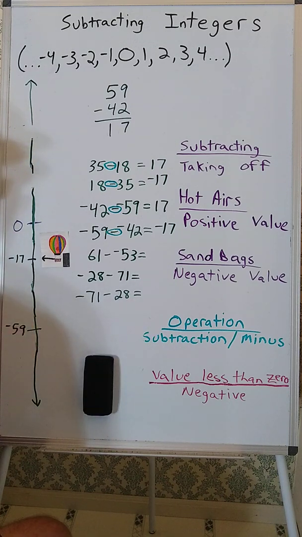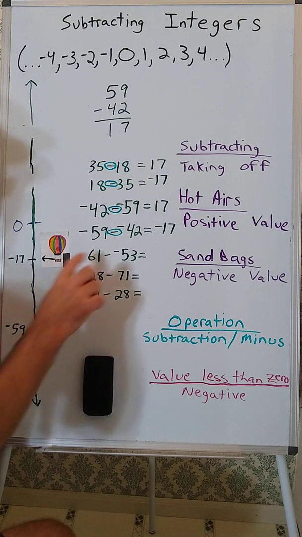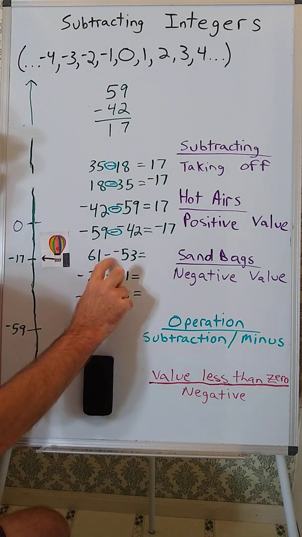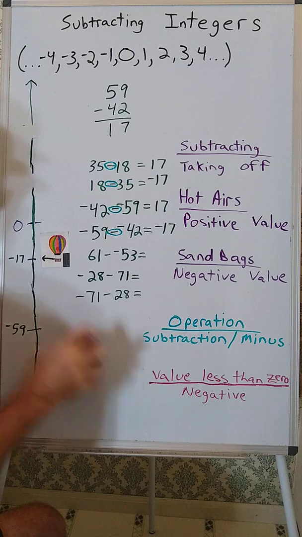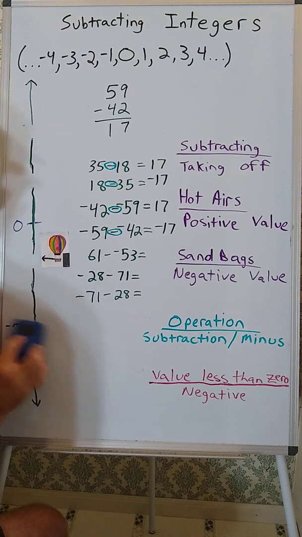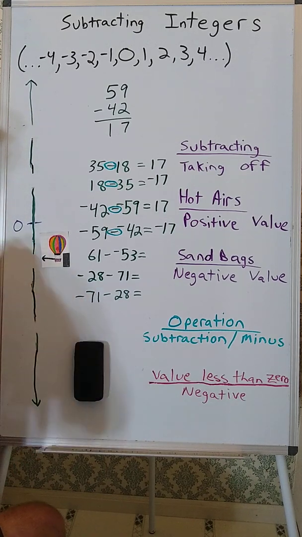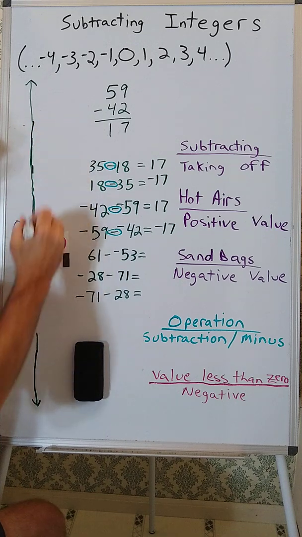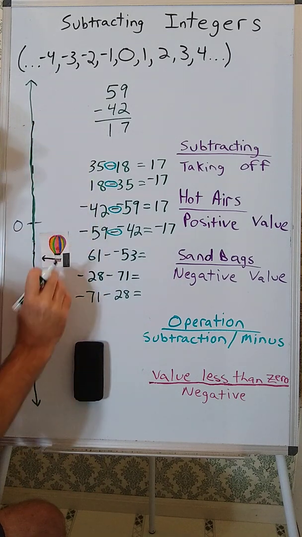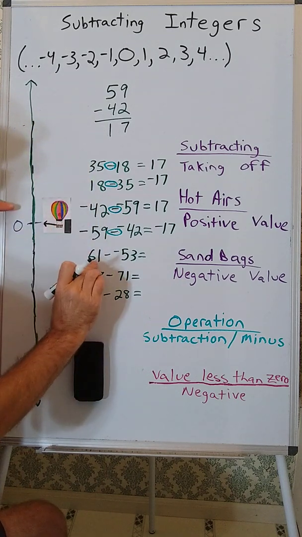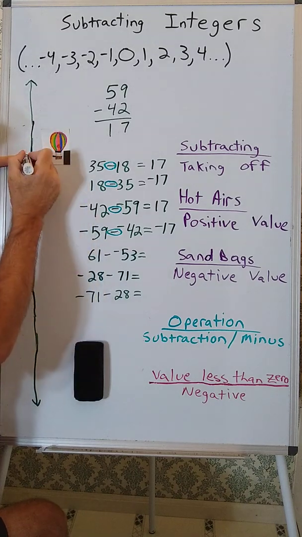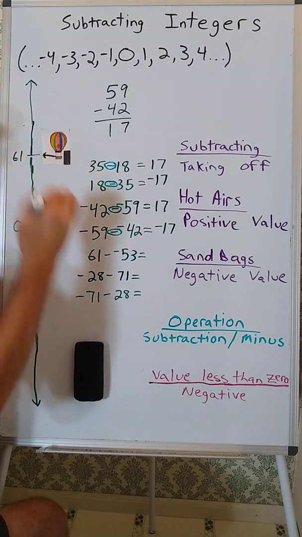All right, next one. 61 minus negative 53. Well, 61 hot airs. The balloon's going to start here at 61.